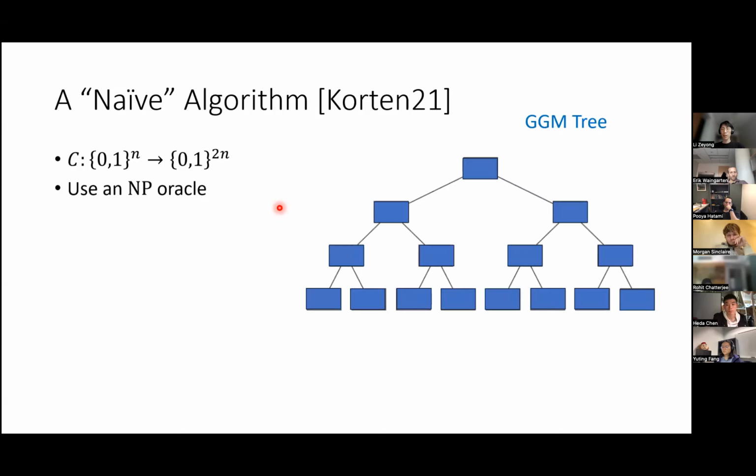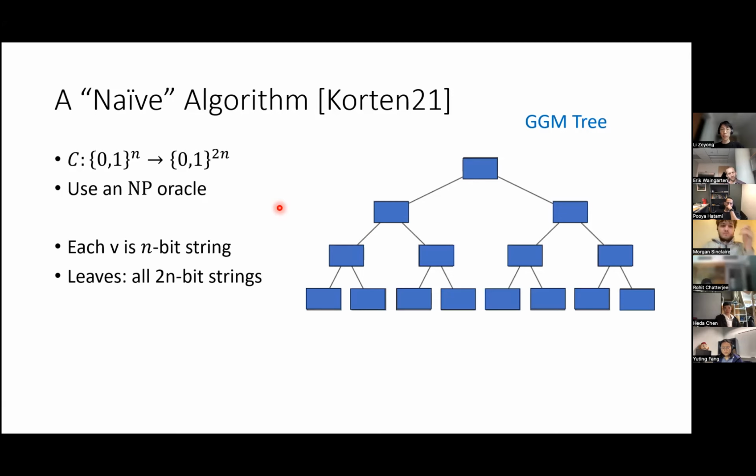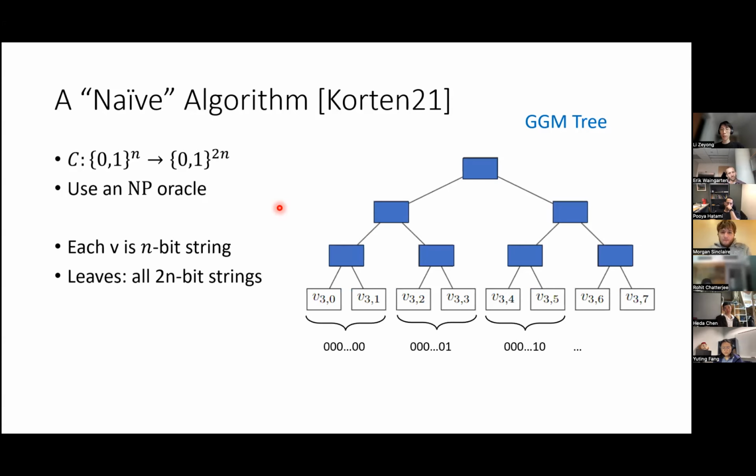Now let's consider a perfect binary tree. This is actually the GGM tree, where GGM stands for Goldreich, Goldwasser, Micali. For each vertex in the binary tree, we are going to give it an n-bit string. At the leaf level, we are going to fill in all possible 2n-bit strings. What does this mean?